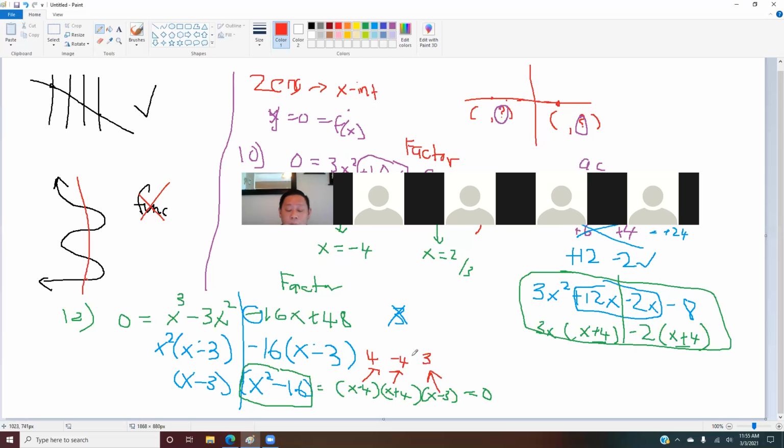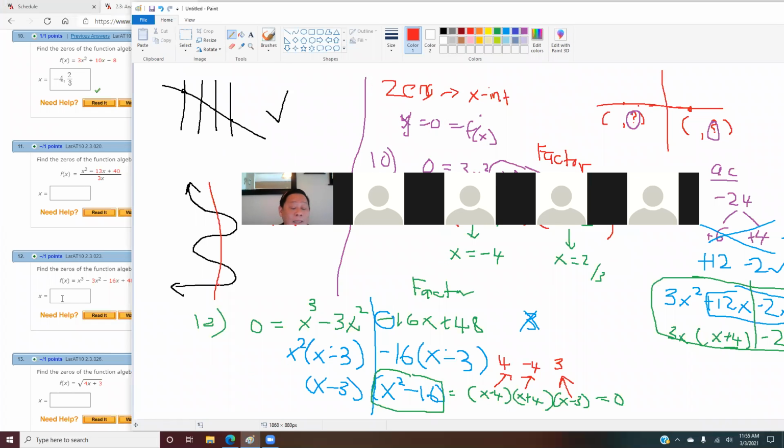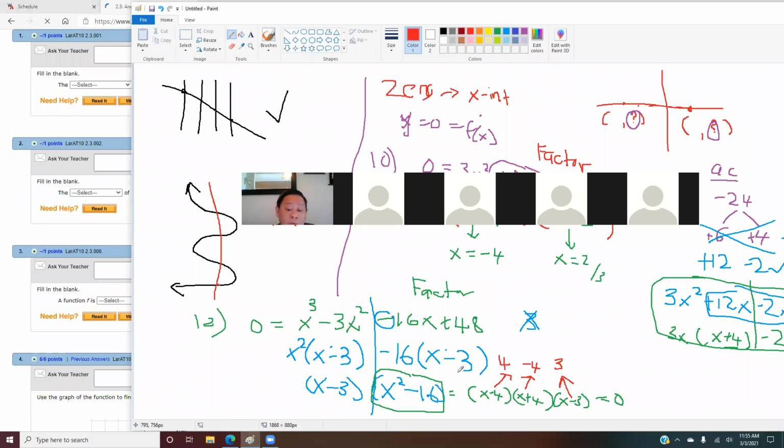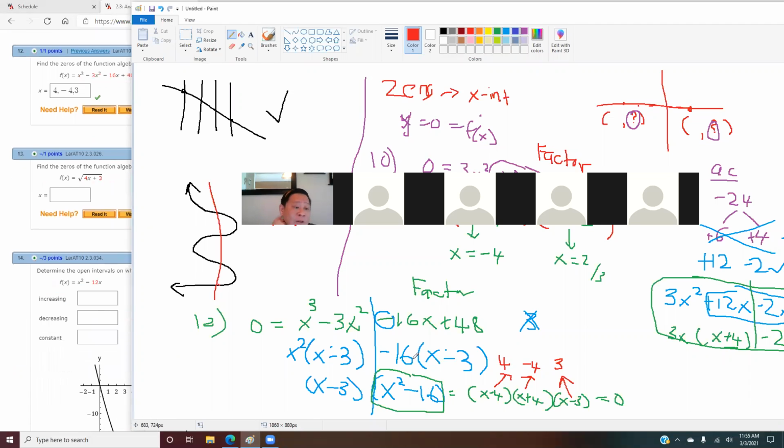So negative 3? No, this is positive 3. You make it equal to 0, so once you make it equal to 0, you have to move the negative to become positive. So your answers in this case are 4, negative 4, and 3. And the order is not important. Okay, you do not need to arrange from small to big. So make sure you know how to do this. This is the main part: knowing how to factor this.